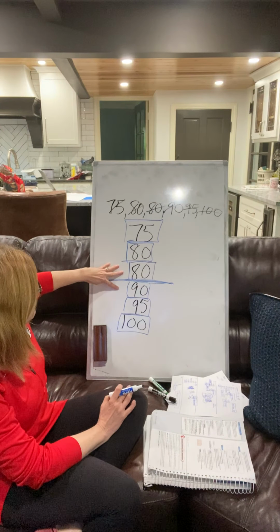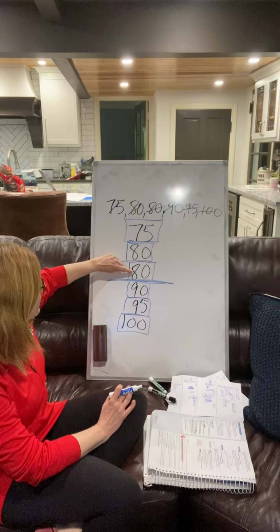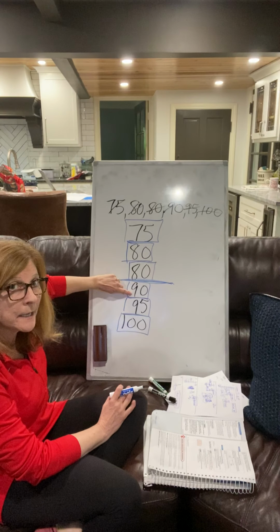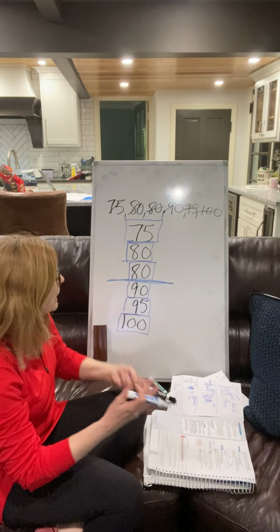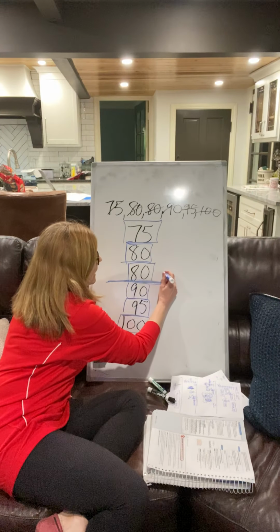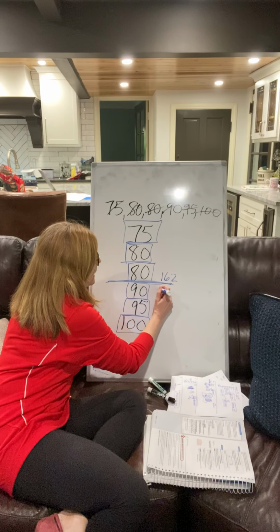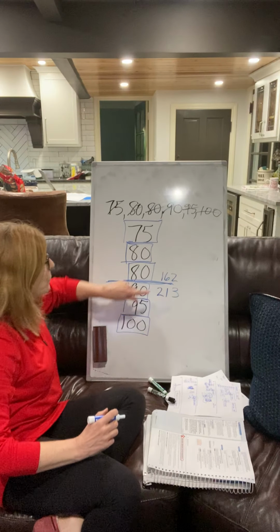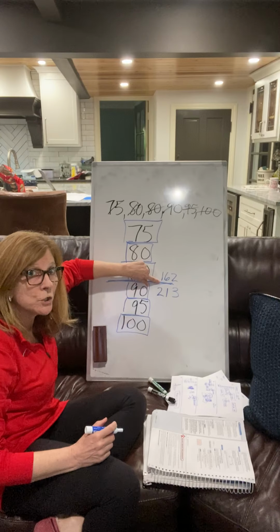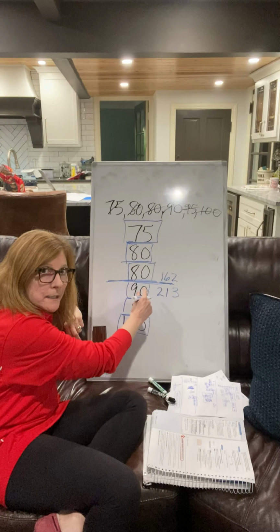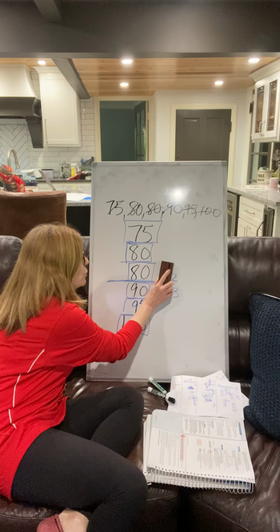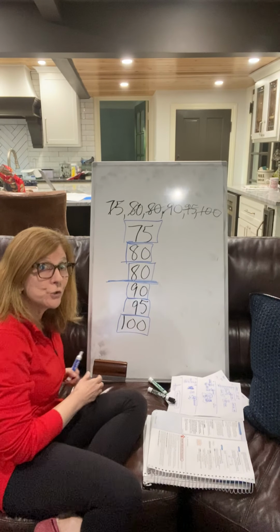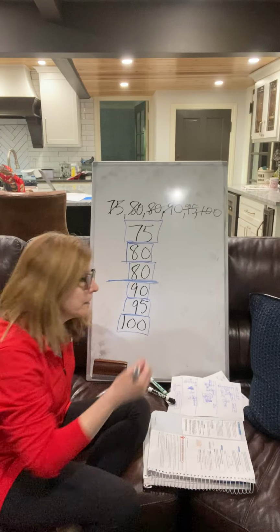So I want to find what is the number in between 80 and 90. Well, you can look at that and say, well, it's 85. But what if your numbers were, I don't know, 162 and 213? Would you know what was right in the middle? No, you can't just easily see what it is. So they're giving you easy numbers so that you can learn how to do it, and you're going to know if you did it right or not, okay?